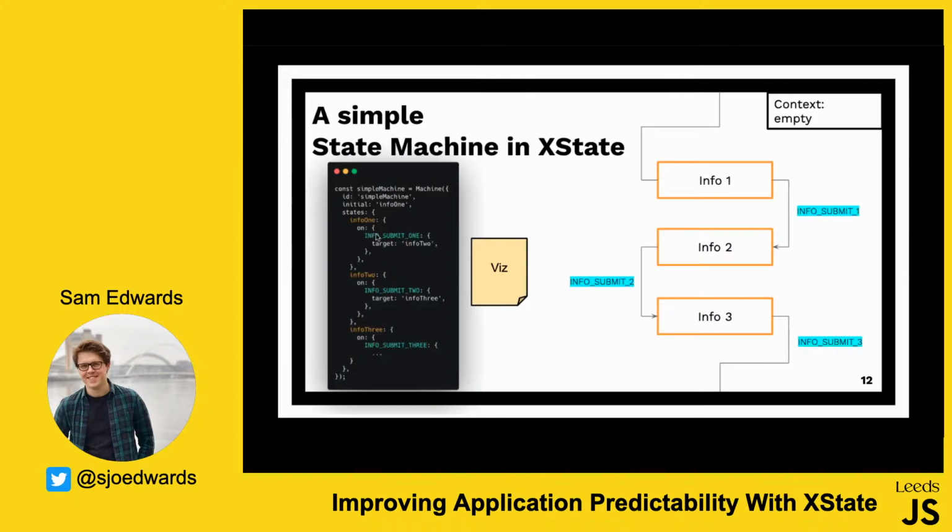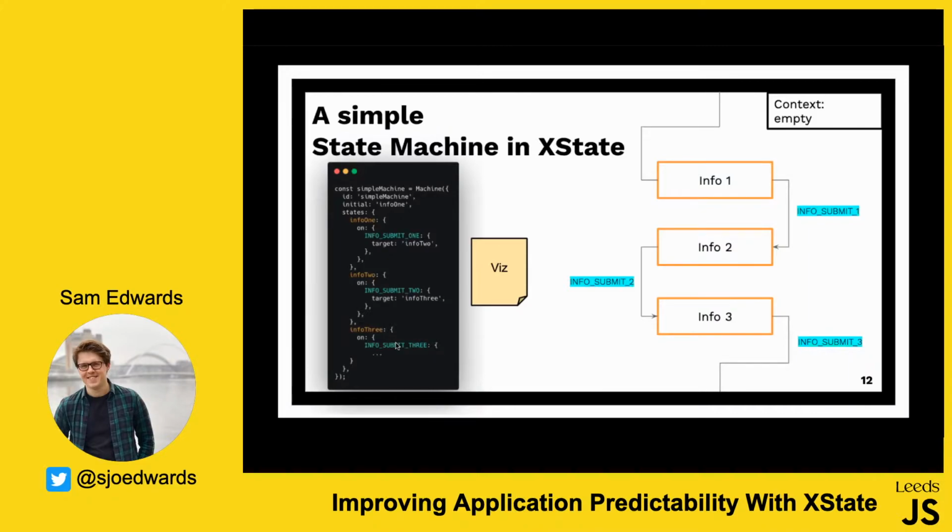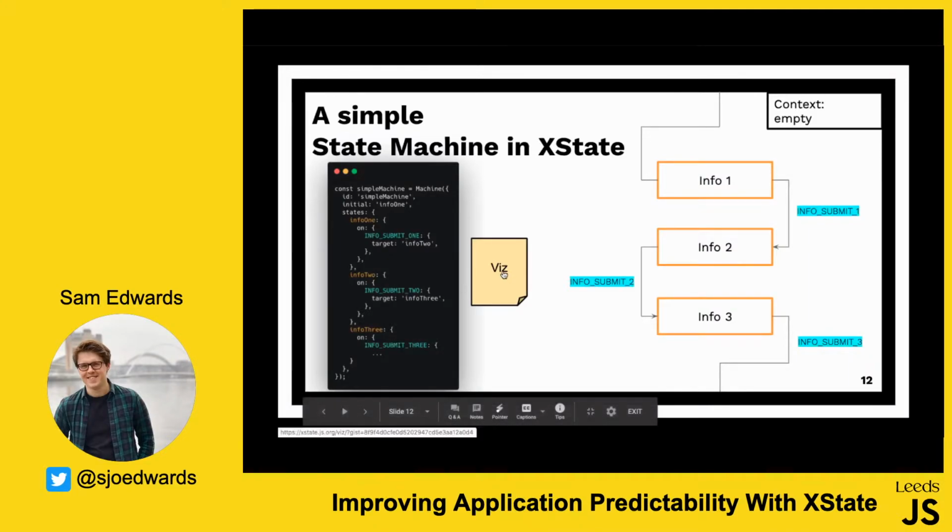And each of these has an on property, and that is the only transition that I can dispatch in order to move between them. So from info1, I can only ever move to info2. From info2, I can only ever move to info3. So I'm restricting the paths that the application can take so that we don't end up in a horrible mess and a state that we weren't anticipating being in.